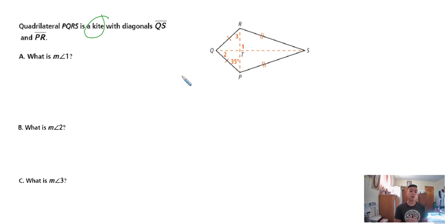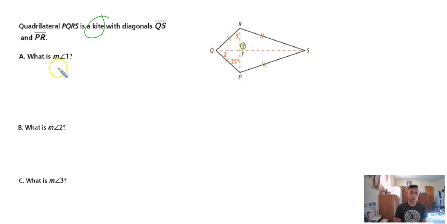Considering that our problem states that the quadrilateral is a kite, to answer question A, what is the measurement of angle 1? Angle 1 is here. We identified that this quadrilateral is a kite, and QS and PR are the diagonals.